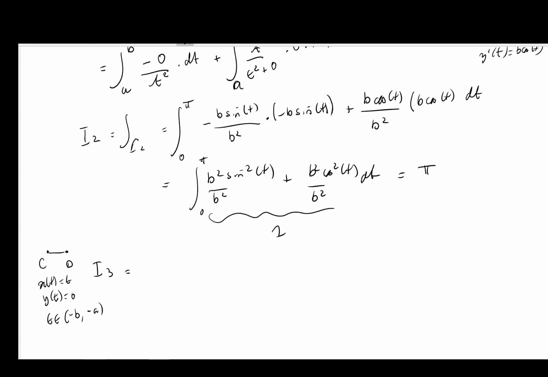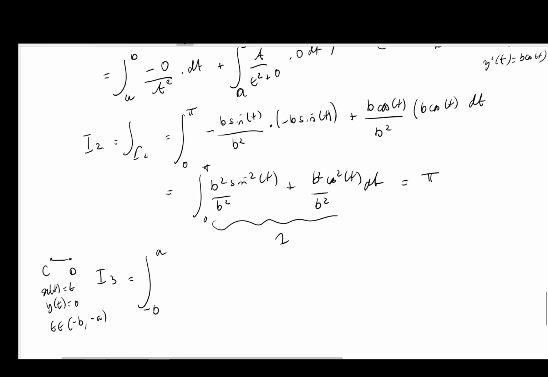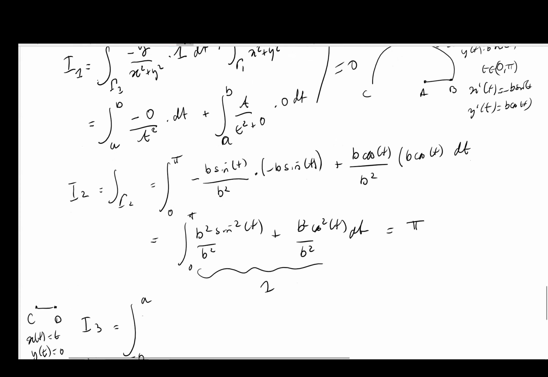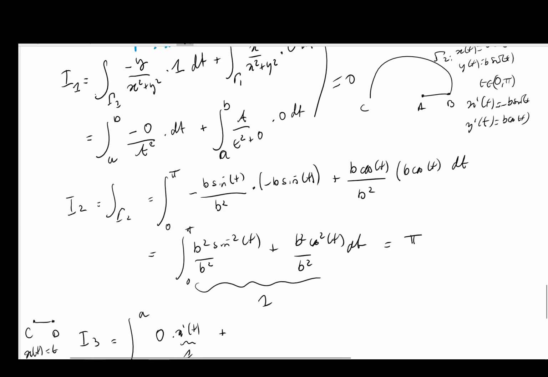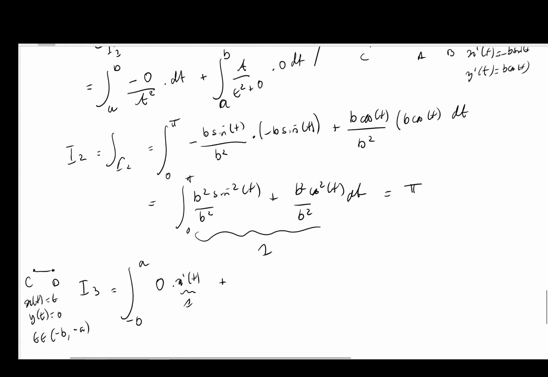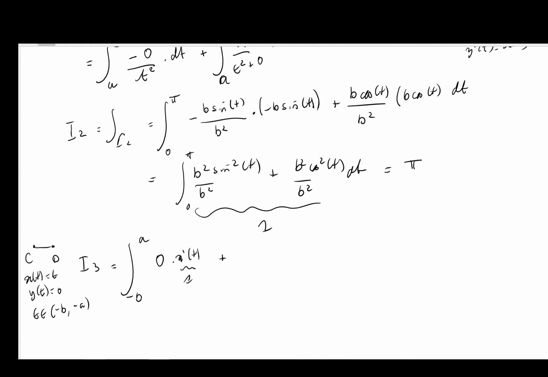So I3 is the integral from negative b to negative a of the first component, which is minus y, so this is 0, times x prime of t, which is 1, plus the y component. The y component is x over x squared plus y squared, so that would be t over t squared, times y prime, which is 0.